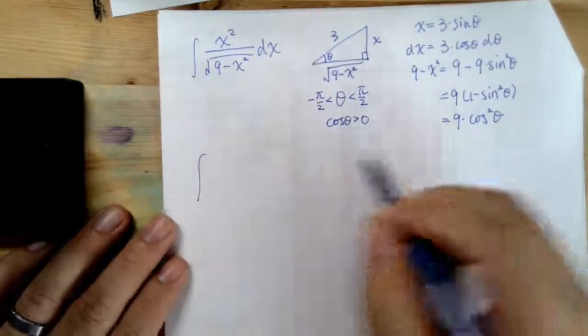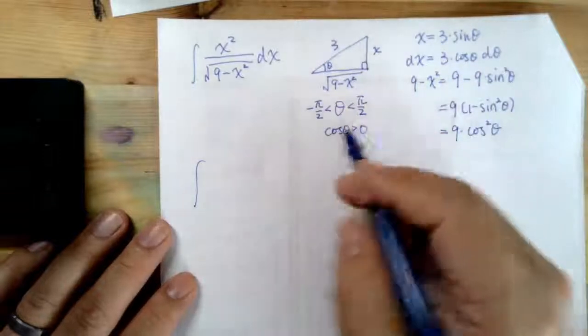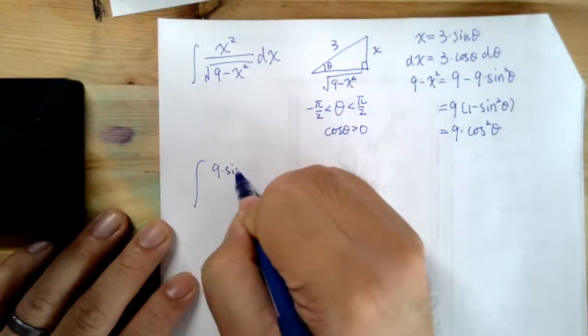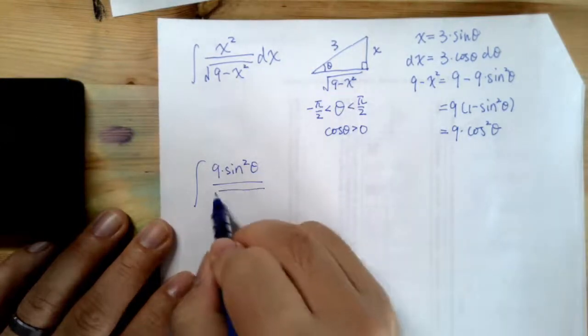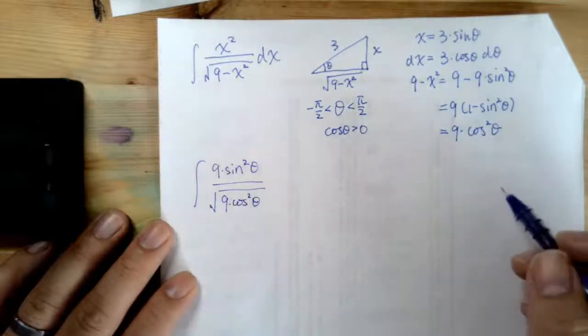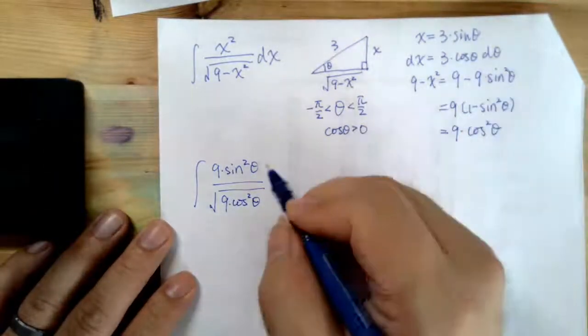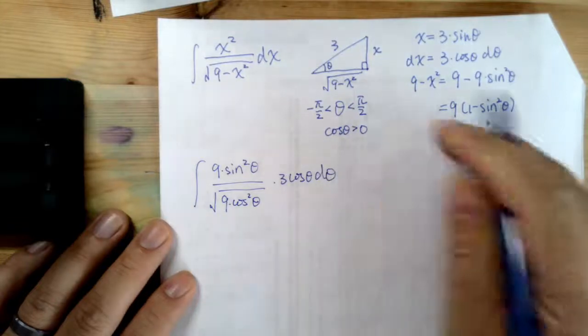So x is 3 sine theta. I have x squared, so I have 9 times sine squared theta. On the bottom, I have the square root of 9 times cosine squared theta. And then dx, which is 3 cosine theta d theta.